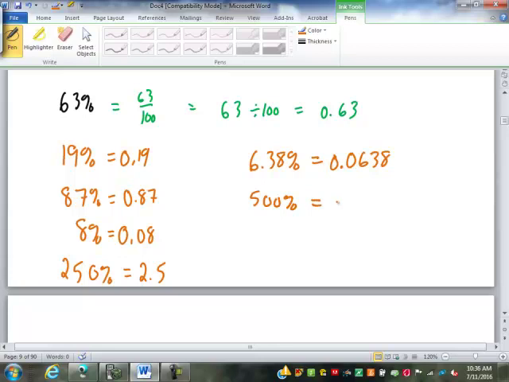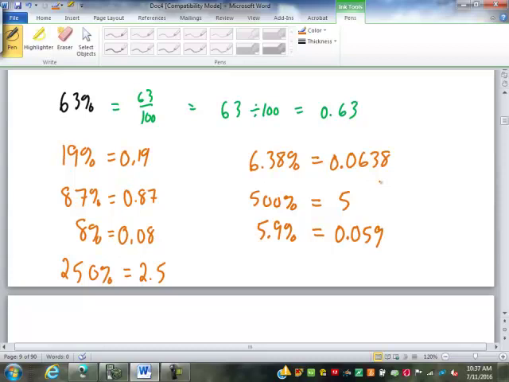What's that as a decimal? 0.05. Just 5. Only 2 spots, right? 5.9% is what as a decimal? Careful.